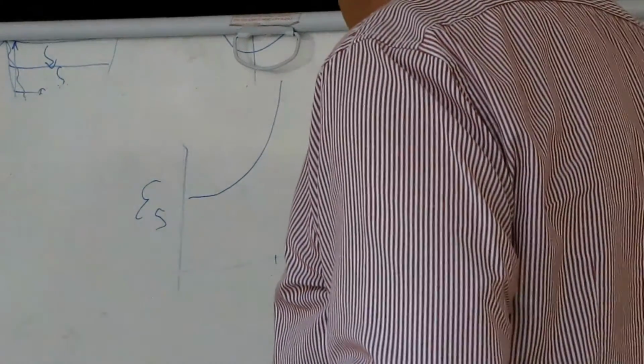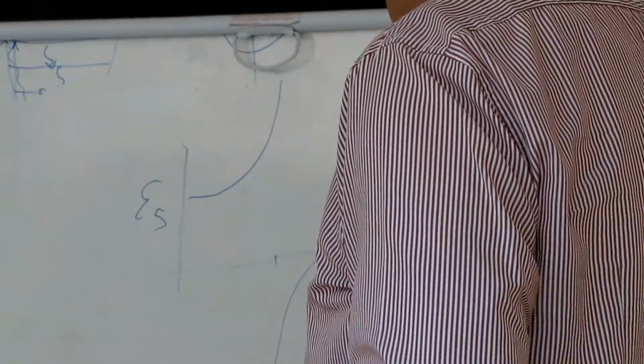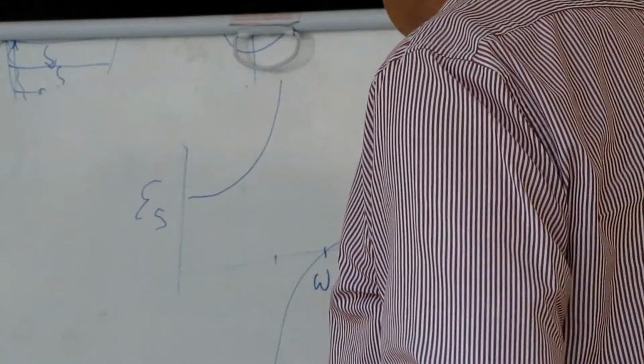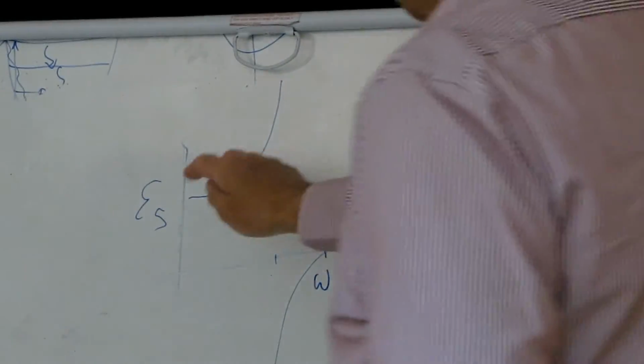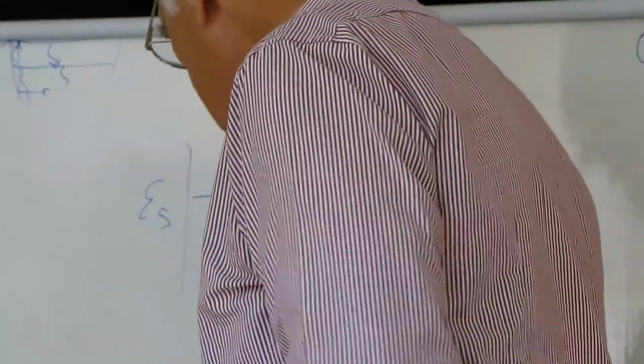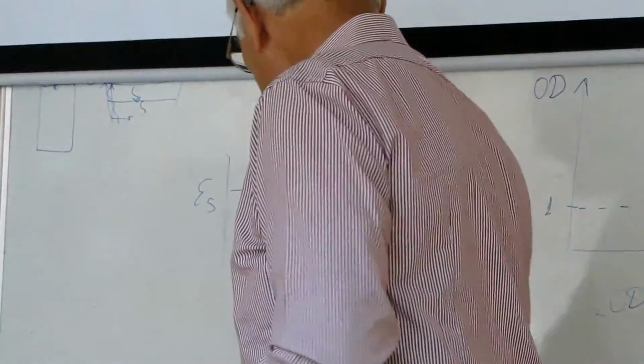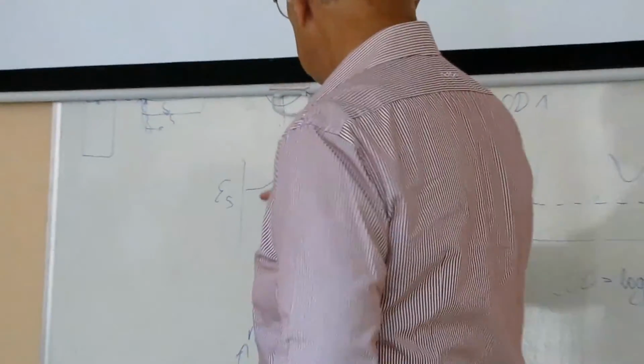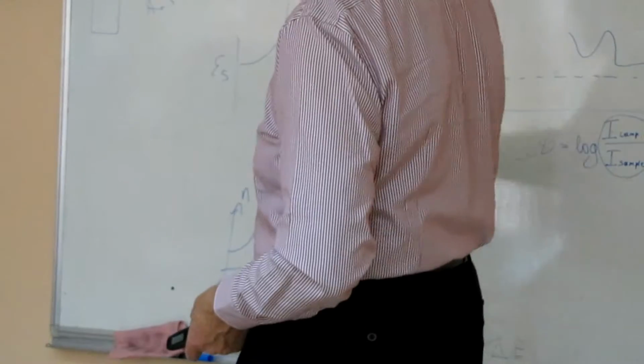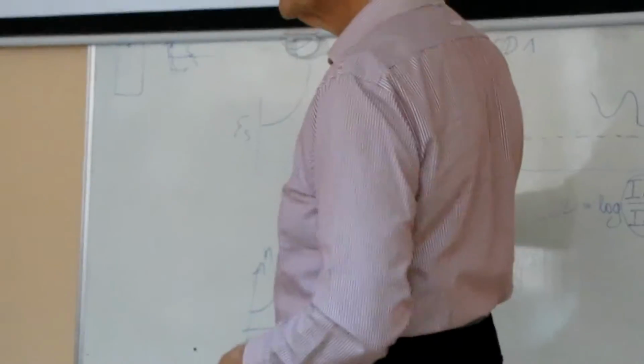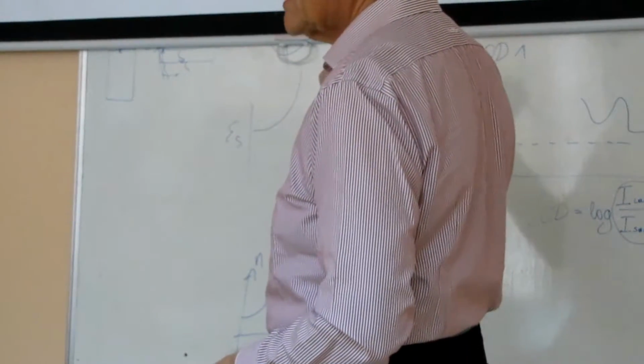Now the complex refractive index is just the square root of epsilon of omega. If you take the square root, the real part of the refractive index starts here with the square root of epsilon s and goes to infinity. But in the region where epsilon is negative, it goes to the imaginary part.